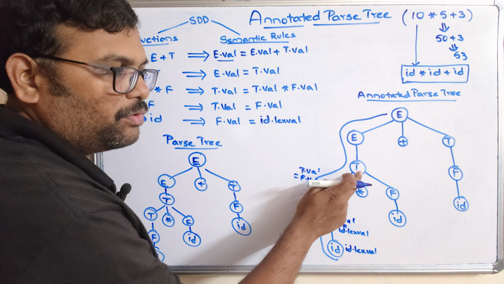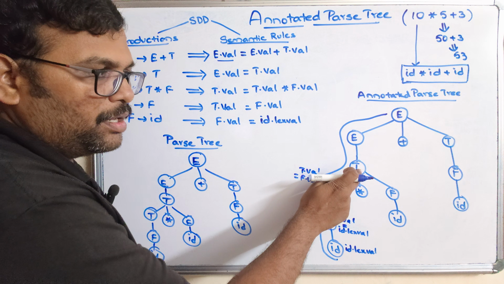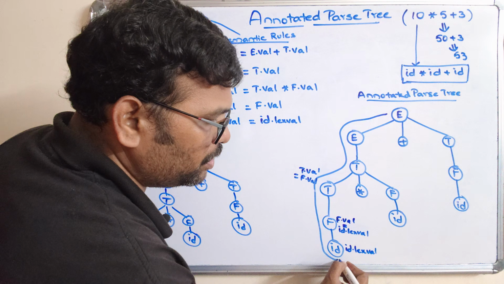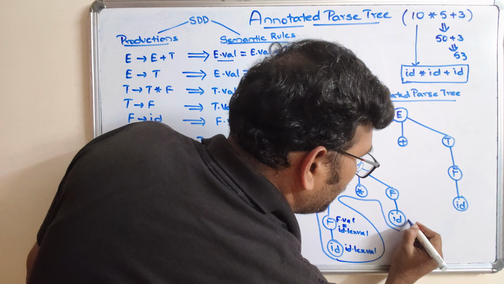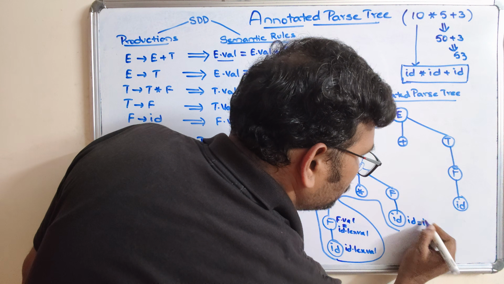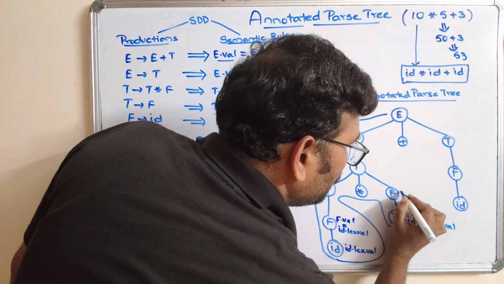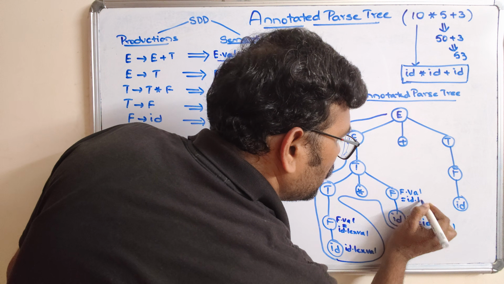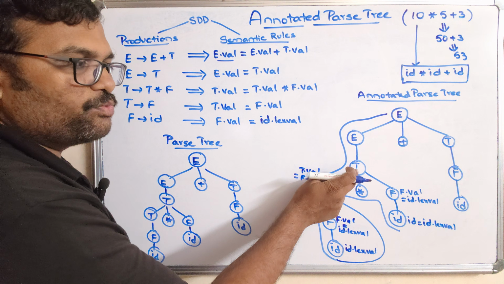And if you want to consider this particular non-terminal T, that depends upon the children T and F. So we need to travel in this way. So id, again we are getting id is equal to id dot lexval. So F dot val is equal to id dot lexval. Okay, now what about this value?